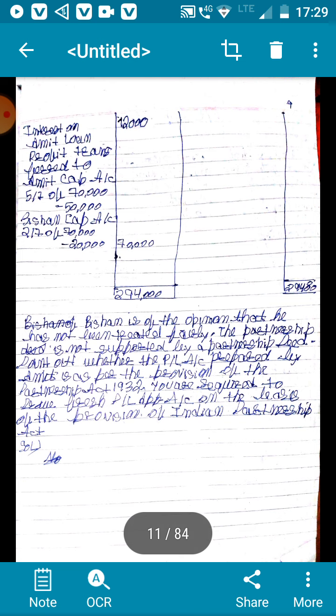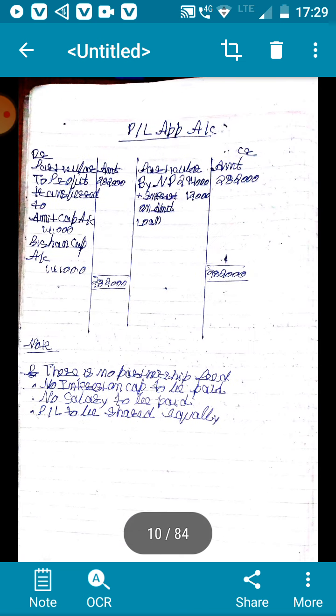So no interest on capital needs to be given. We can directly transfer the profit to Amit's capital account and Vision's capital account, which is 2,82,000.